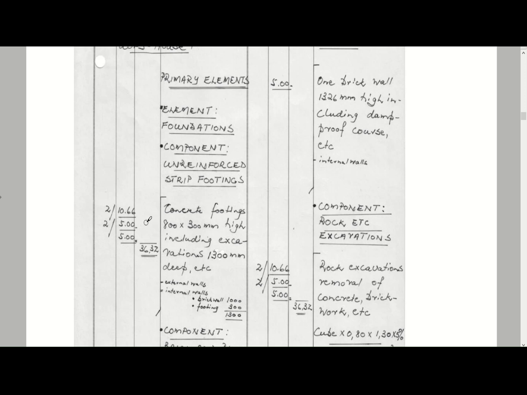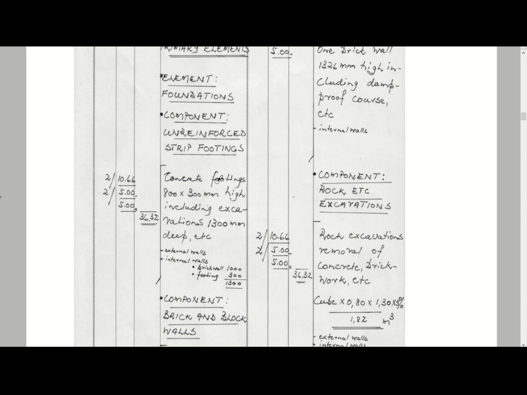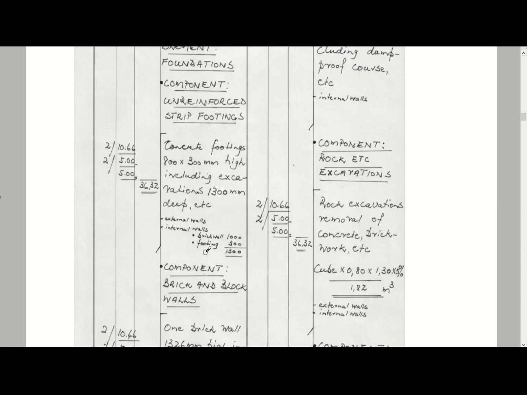So you will see your concrete footings, 800 by 300 millimeters high, including excavations 1.3 meters deep, etc. So basically what we're measuring here is the length of your strip footings, and what you will see is here we've got two dimensions, so 10.66.